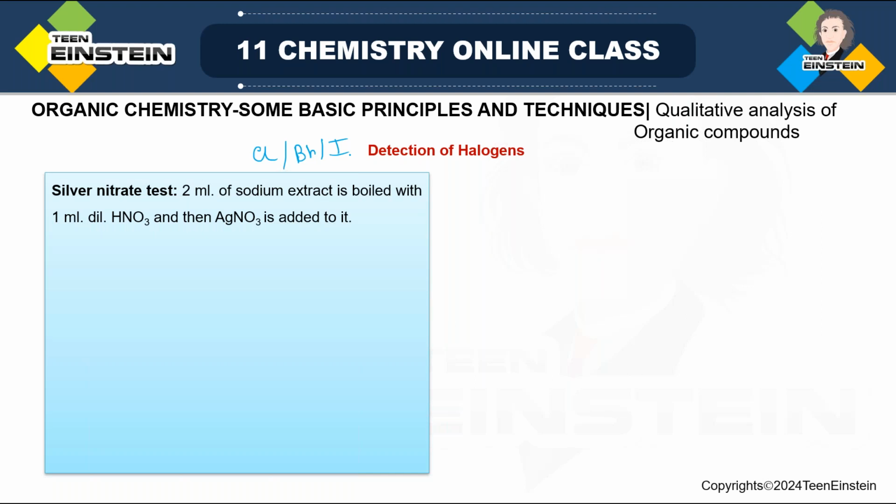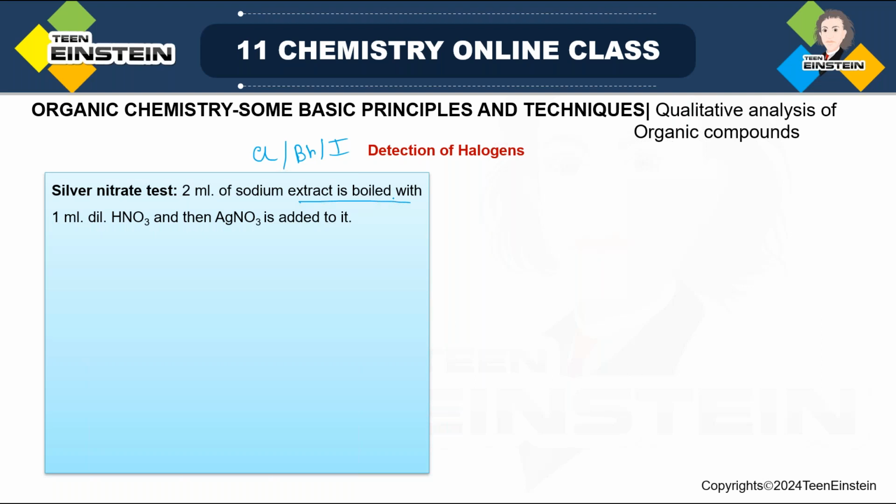Silver nitrate test. As the name suggests, there must be the use of silver nitrate, right? So 2 ml of sodium fusion extract, we will boil with 1 ml dilute HNO3. So not just simply adding AgNO3, you are also first acidifying it with dilute HNO3, then you are adding AgNO3.